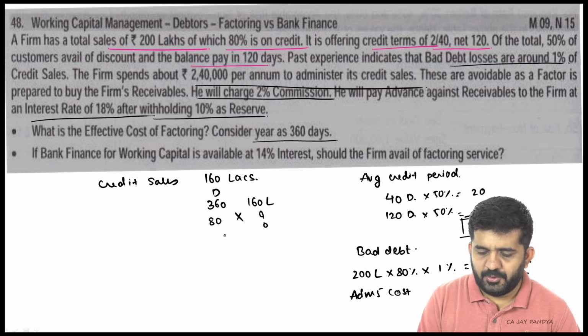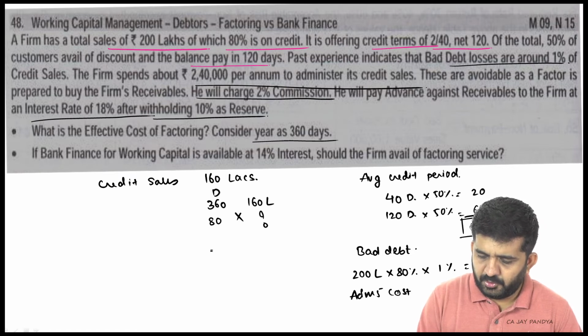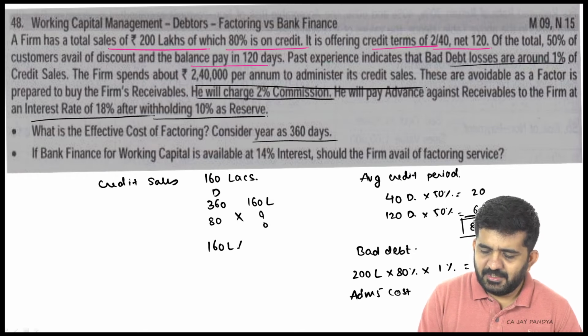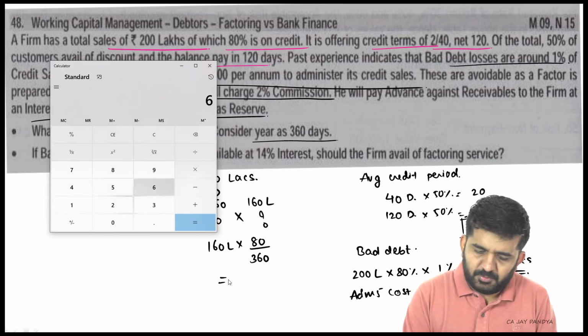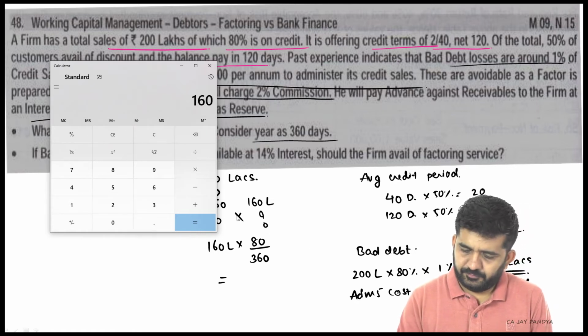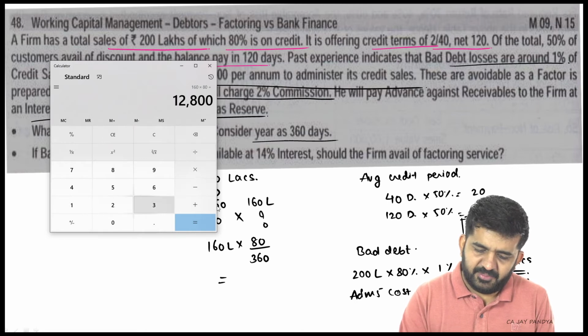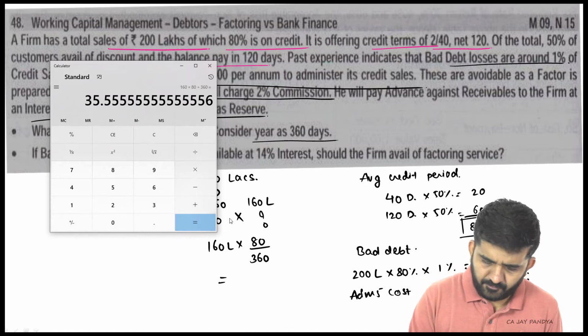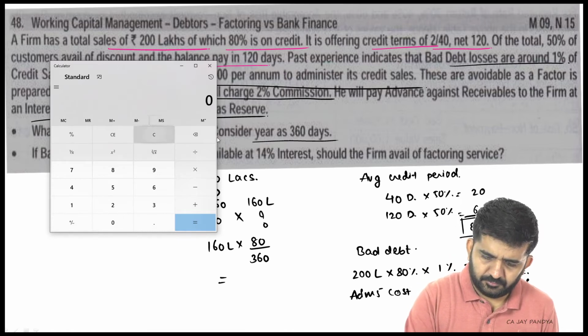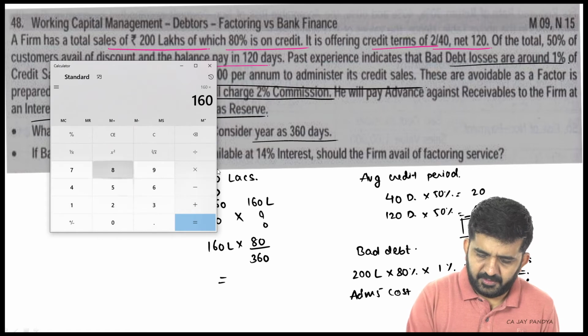This is what we normally do. Total sales, 160 lakhs multiplied by 80 divided by 360, and we get the answer for average debtors. So average debtors will be 160 into 80 divided by 360.